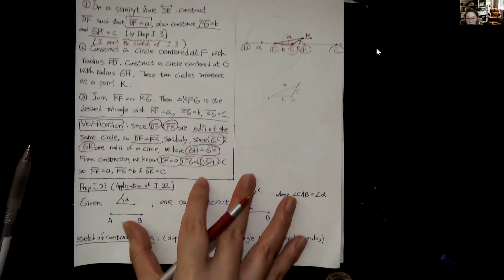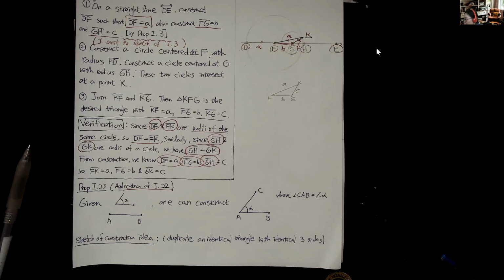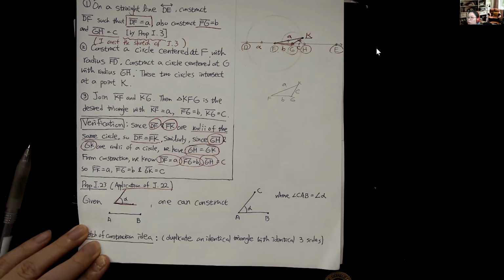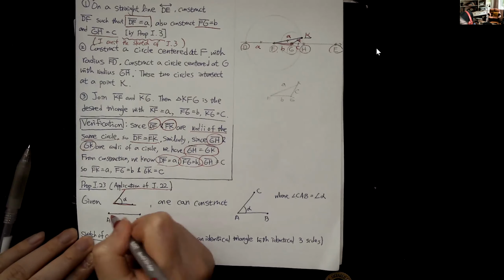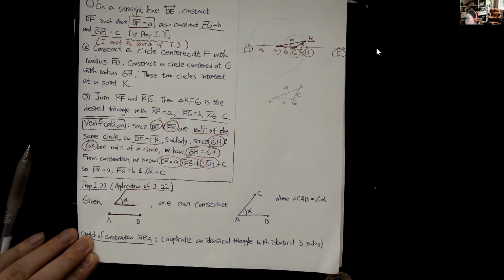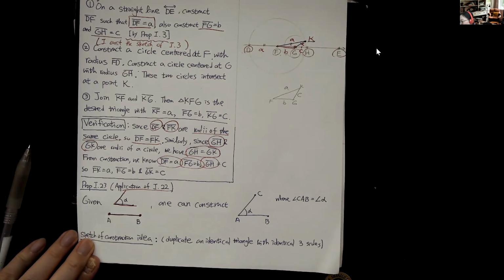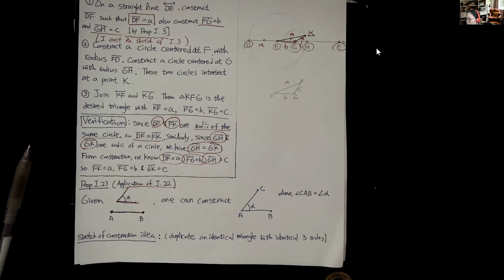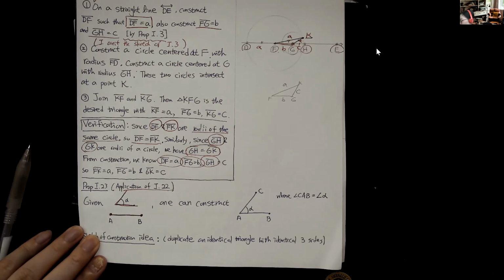Another thing I want to do, which is essentially a direct application of constructing a triangle, is the following. I'm just going to talk about it because I'm not going to prove this. We don't have that much time, but I'll tell you the idea of the proof. Essentially 1.23 tells you that if you are given an angle, however big, let's call it alpha, and a segment AB, then this construction allows you to reproduce angle alpha on the line AB.